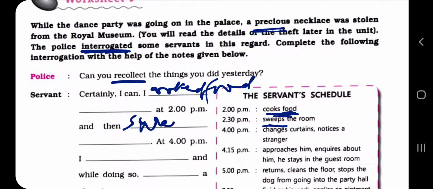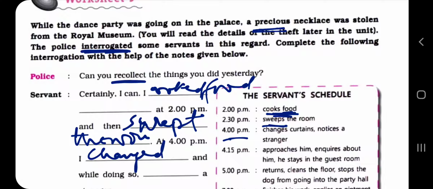Swept, S-W-E-P-T, swept the room. Now at 4 p.m. what he did: changed. At 4 p.m. I changed curtains. Please write properly. And while doing so, noticed.